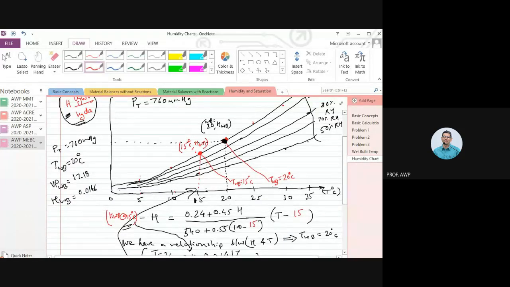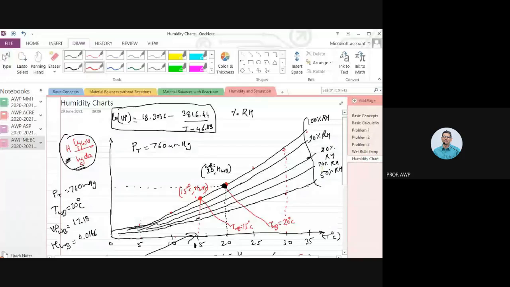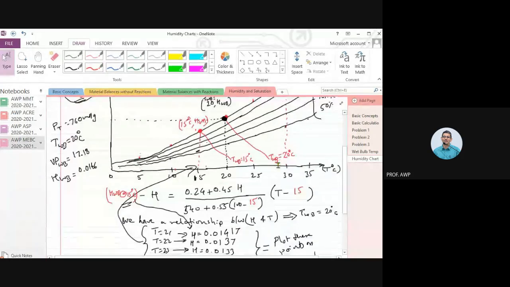I can do it for wet bulb temperature of 30 degrees centigrade. So 30 degrees centigrade is here. This point would correspond to 30 degrees centigrade and the corresponding HWB. Now it is 30 instead of 20 or 15.